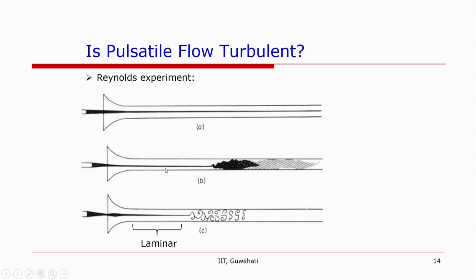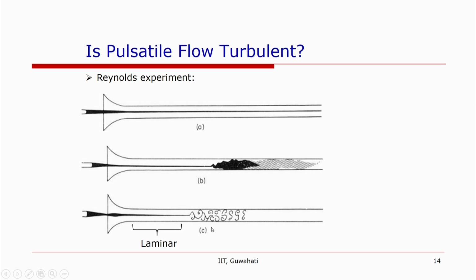Whereas when the flow becomes turbulent, or when there is transition, the dye starts to diffuse in the entire channel, and this is fully turbulent flow where you see that the dye is diffused. But what I want you to notice here is that even in turbulent flow, the flow does not become turbulent just at the entrance. It takes some time for the eddies to develop, for the eddies to grow, and for the flow to become turbulent.